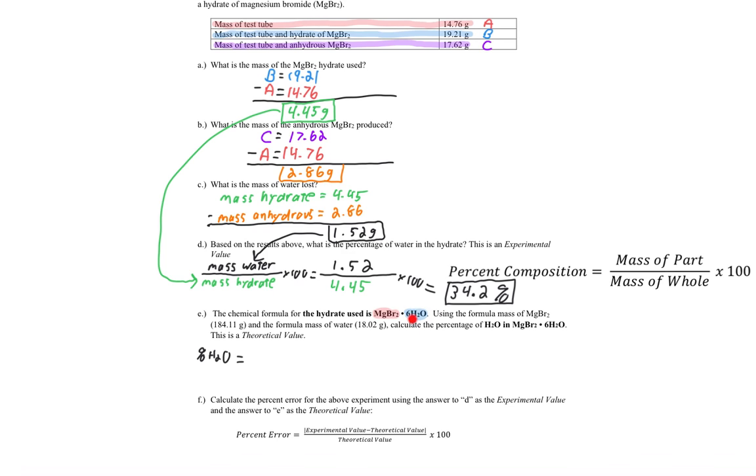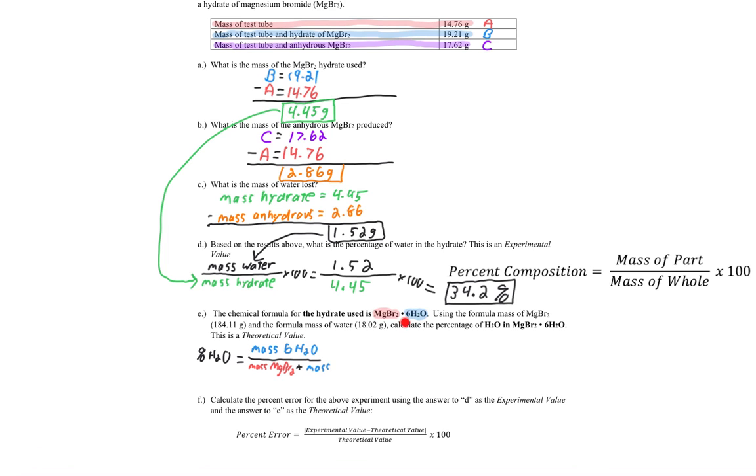So there are 6 waters in this hydrate, so I need the mass of 6 waters. That is the part. It's the mass of the 6 waters. I need to divide that by the mass of the whole thing. Mass of the whole thing is the mass of the magnesium bromide, the MgBr2, plus the mass of the 6 waters.